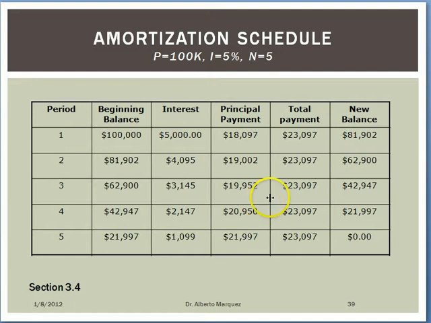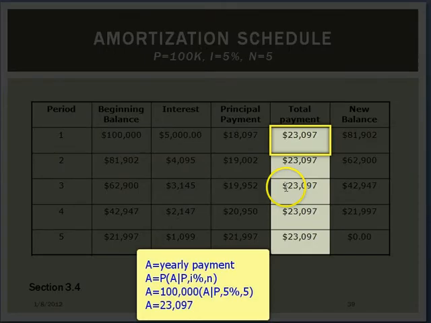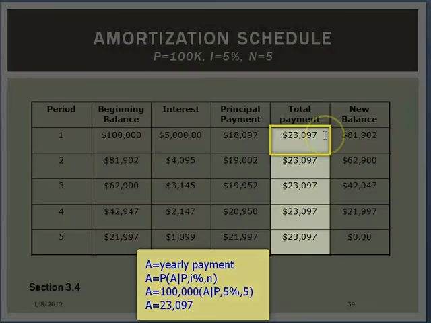Then we can compute the payment for each one of these years to be $23,097, and you can see that every single year for all the 5 years it is $23,097. That is computed as the annuity, given that we have a present value of 100,000, interest rate of 5% and 5 periods.